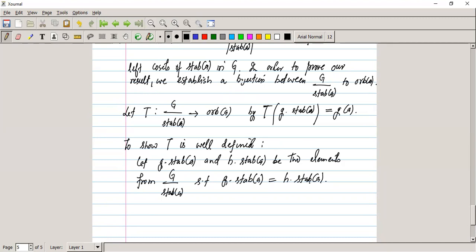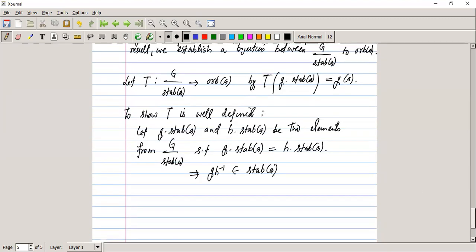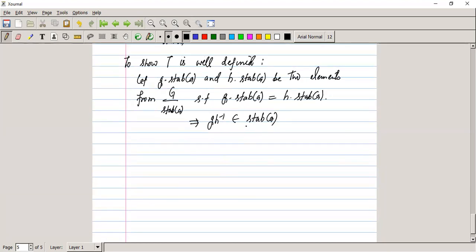So when G stab of A is equal to H stab of A, by definition this means that GH inverse belongs to the stab of A. Once we have something from the stab of A, it must fix the element A. So by definition, when GH inverse is an element of stab of A, we must have GH inverse of A equal to A. Or we can even write G inverse of H, it's one and the same thing.